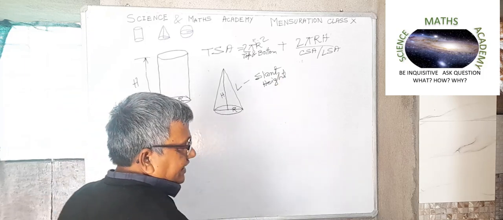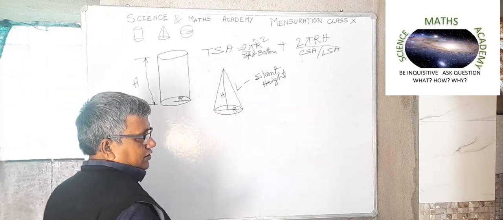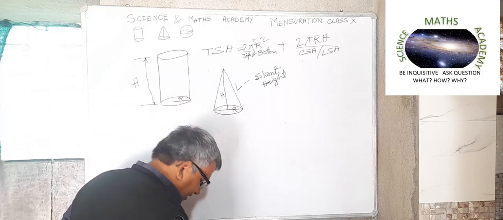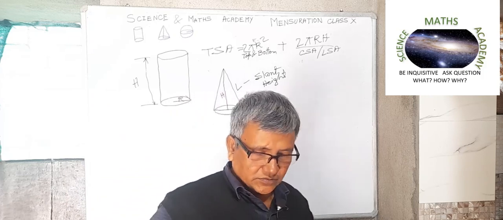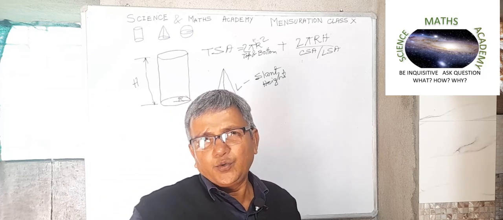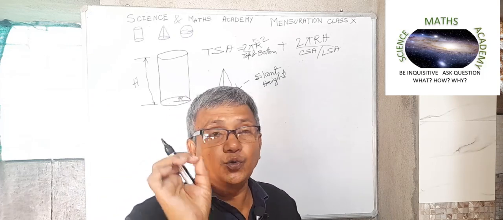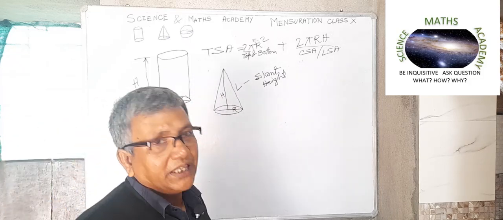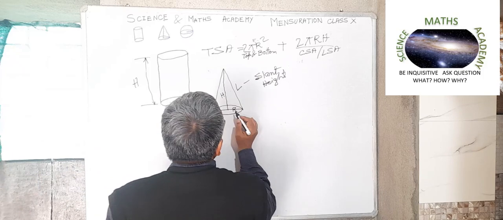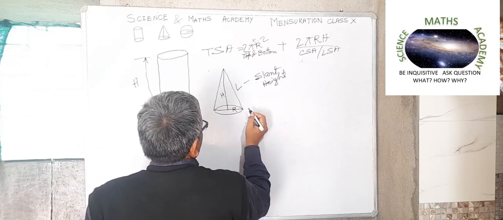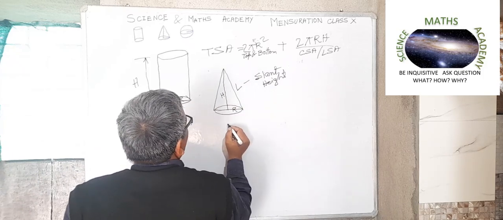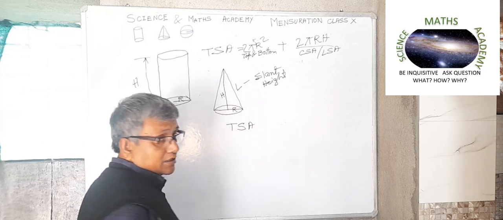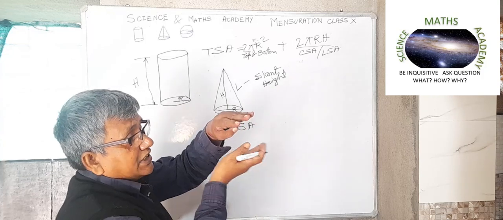Now here another thing, the Pythagoras theorem is required, because we teachers, when making the question paper, just twist it to know whether the student knows Pythagoras or not and how he applies it. Now come, I will show you, total surface area. Sir, how many surfaces are there? At the bottom there is a surface.